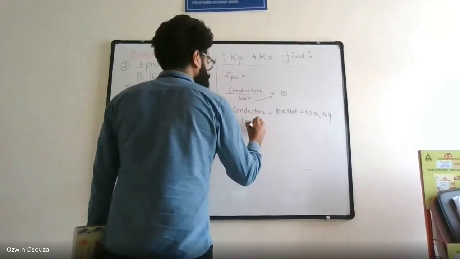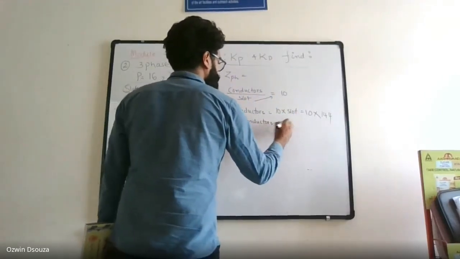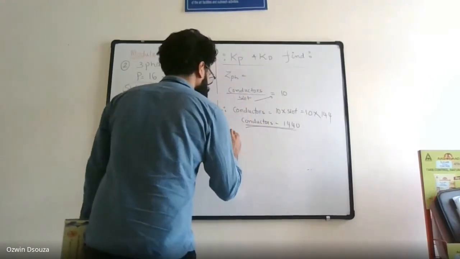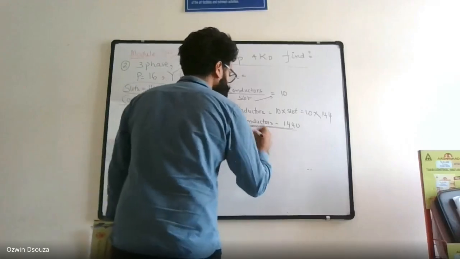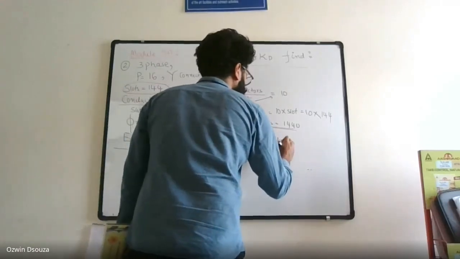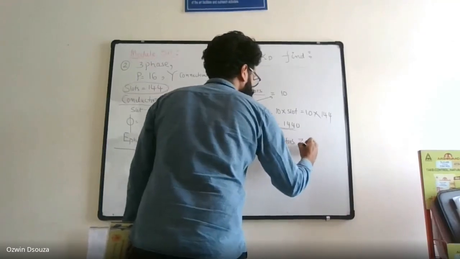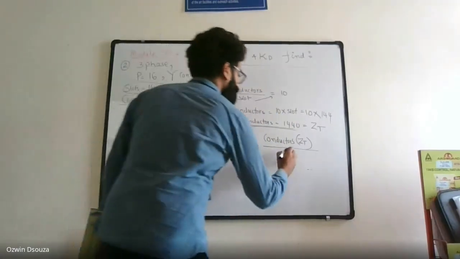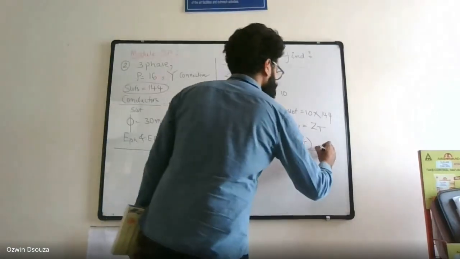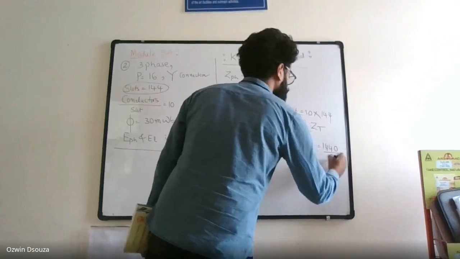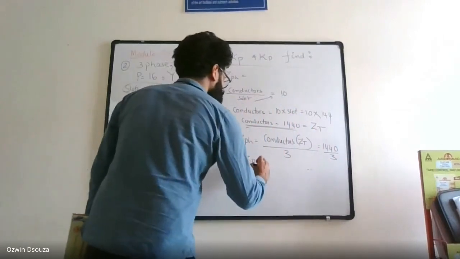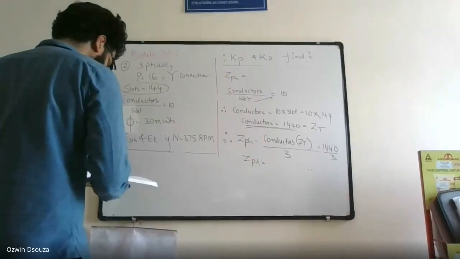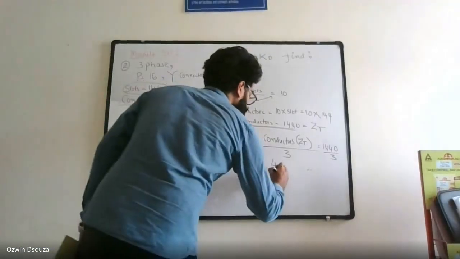So conductors are 1440. Therefore, Z phase is equal to total conductors, Z total, you can take it as ZT, divided by number of phases. So it is 1440 divided by 3. So Z phase, you will get it as 480. Right.